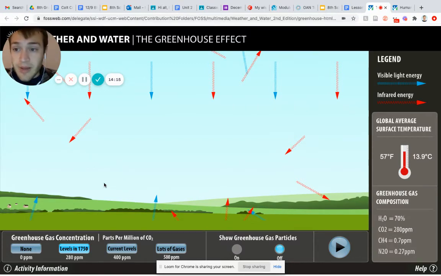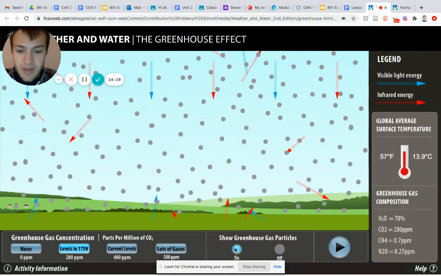All right. And actually, before we move on, I wanted to show you something. If we go to show greenhouse gas particles at the bottom, if you turn it on, you're going to see all these different carbon dioxide molecules.